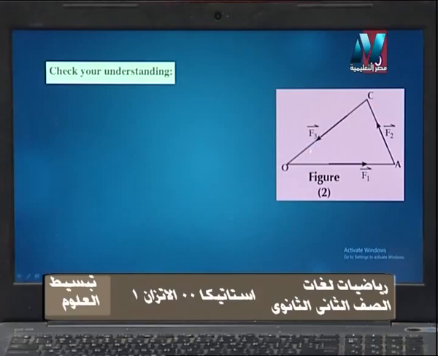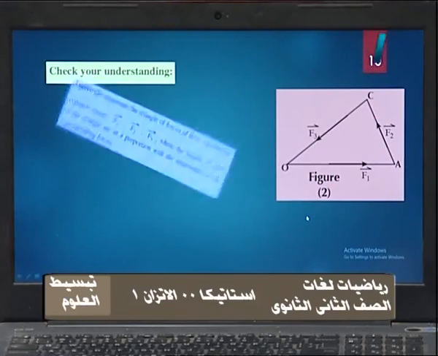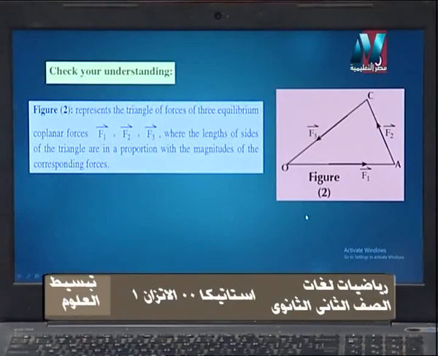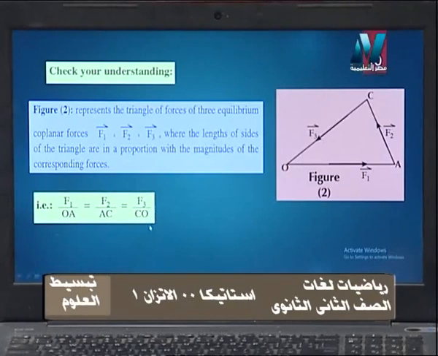They act in the same direction, so it's in the same cyclic order. Figure 2 represents the triangle of forces of three equilibrium coplanar forces F1, F2 and F3, when the lengths of the sides of the triangle are in proportion with the magnitudes of the corresponding forces, we will apply this rule.